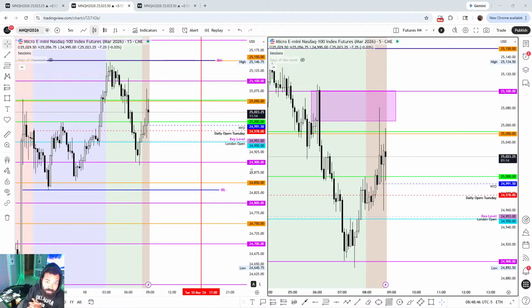25.050 is a massive level of rejection for us though, so it's where the previous day high was.